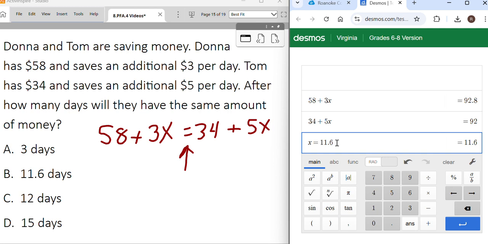That didn't make it equal either. Got close, but it didn't do it. The next one is 12 days. Now, if you look at 12 days, they each have $94. So that's how you find your answer. But in true Benson Voss fashion, check every answer, and as you notice, 15 doesn't work either. So 12 is definitely the answer for you.